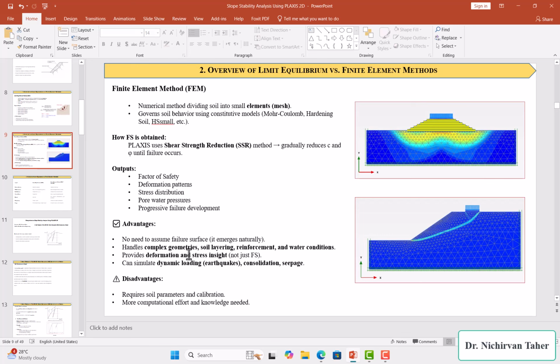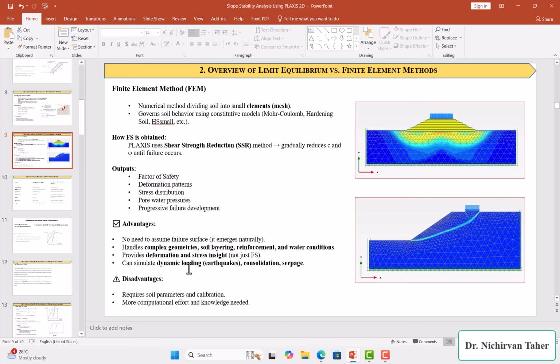handles complex geometries. For example, when we have many soil layers, or when we have a complex geometry of the slope, or when we have reinforcement or a water condition and the effect of rainfall, etc. So these can be easily calculated, and the effect of these factors can be easily accounted for in the finite element method.